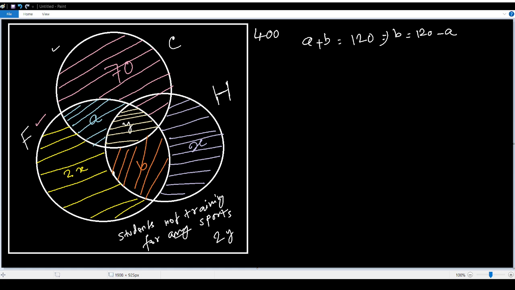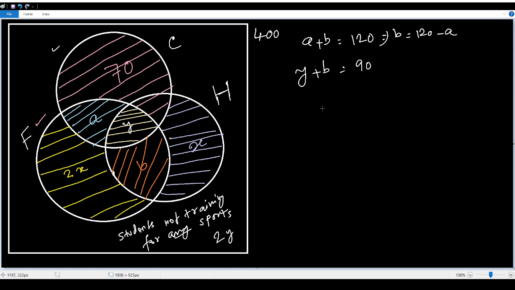Now it is telling the number of students training for both football and hockey is 90. That's fine. Now see, it is given that y plus b is equal to 90. Can you understand? Y plus b is 90 because this is the intersection part, students playing football and hockey both.